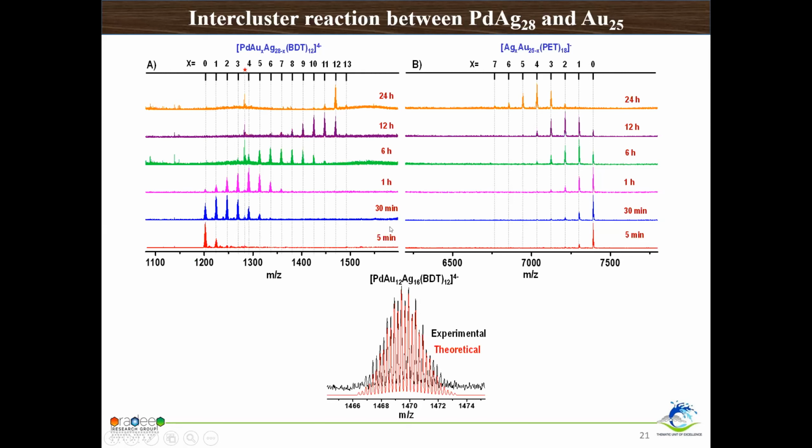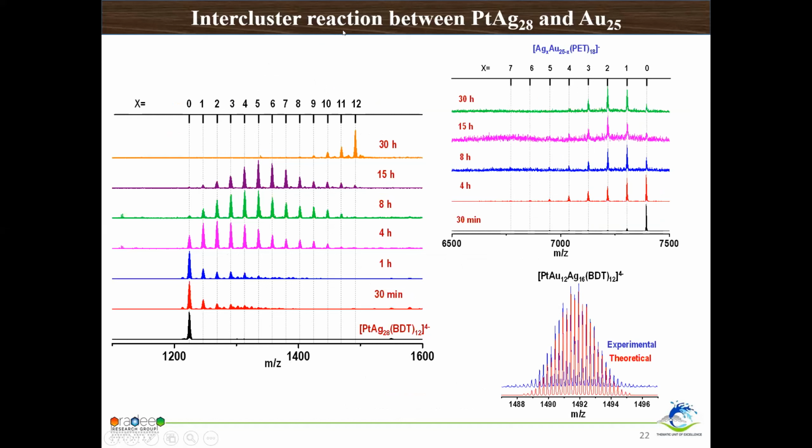Here we can see that as the time increases, the gold doping enhances, and after 24 hours we can obtain 12 gold doped palladium Ag28 trimetallic nanoclusters, and on the other hand we can see silver doping in Au25 to make several bimetallic nanoclusters.